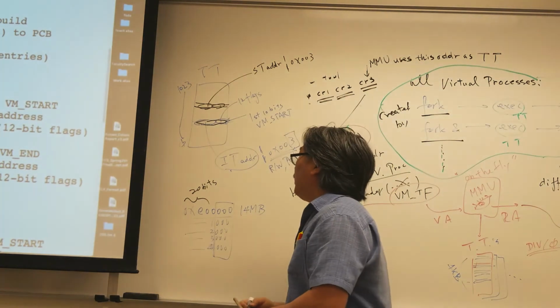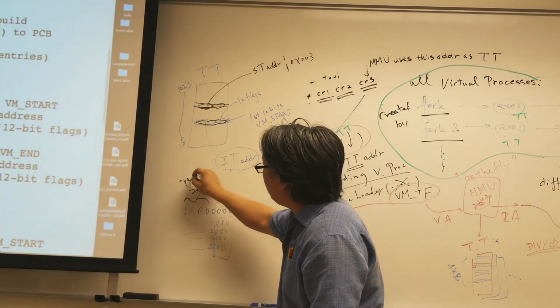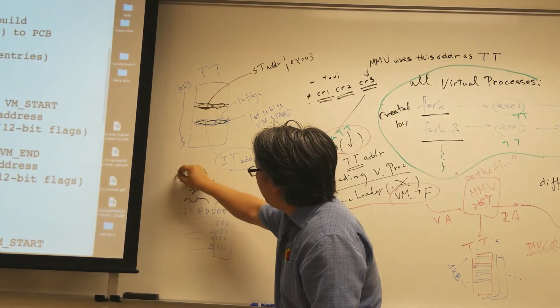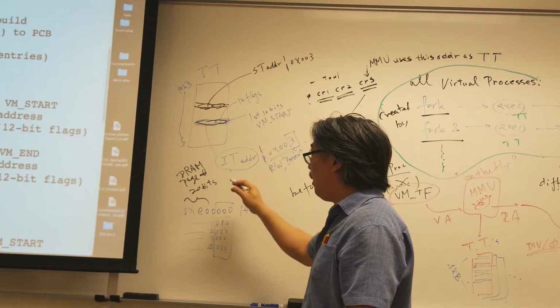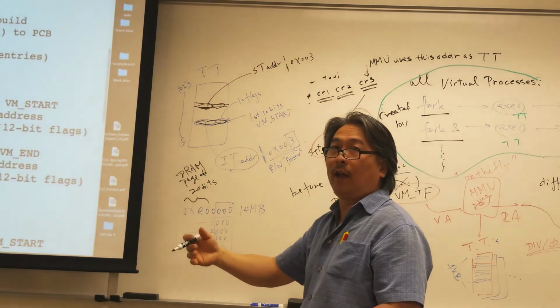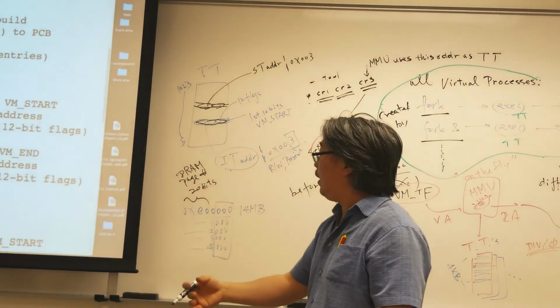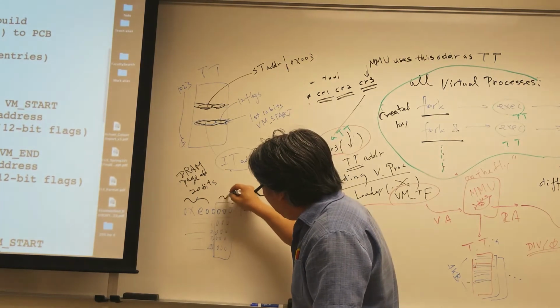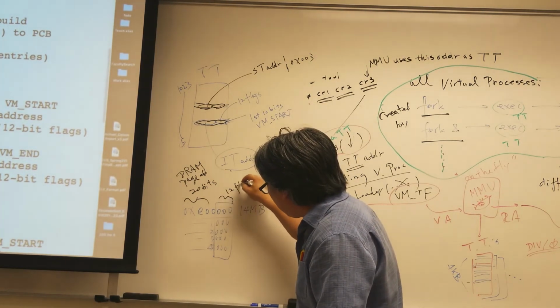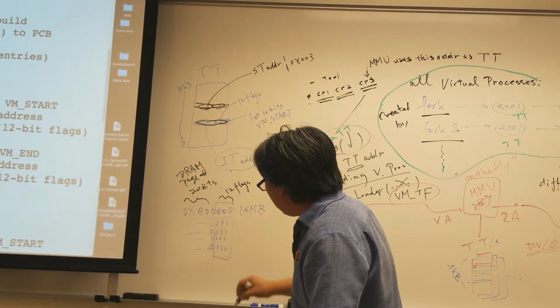Sometimes people say this is the page number, the DRAM page number it maps to, meaning that 4K byte portion as a number, as a DRAM page, 20 bits. And then the 12 bits here are used as flags.